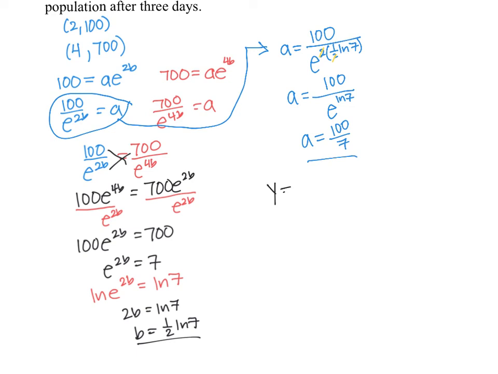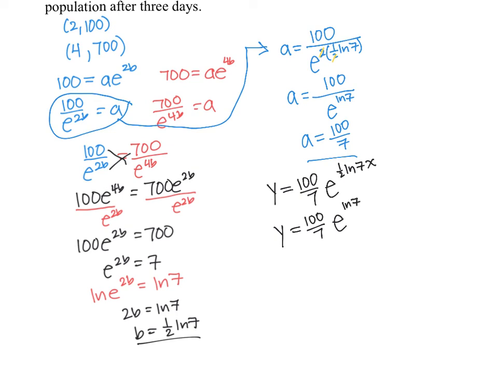Okay, y equals a times e to the b times x. So 1/2 ln 7 times x. I'm going to simplify this. I don't want to leave it base e when I can make it a better base. I'm going to rearrange the exponent. You don't have to rearrange it, if in your head you can imagine what kind of good things you want to leave in your exponent.